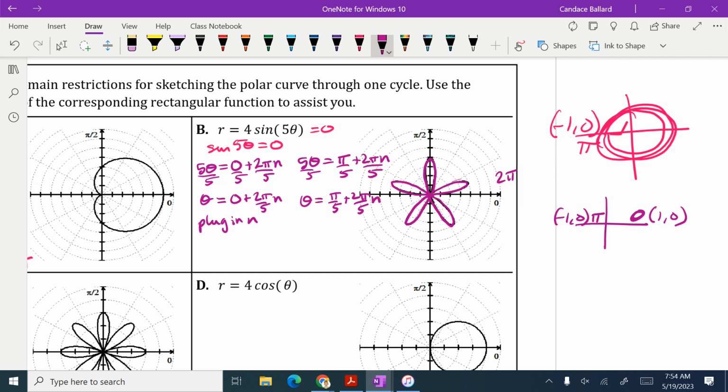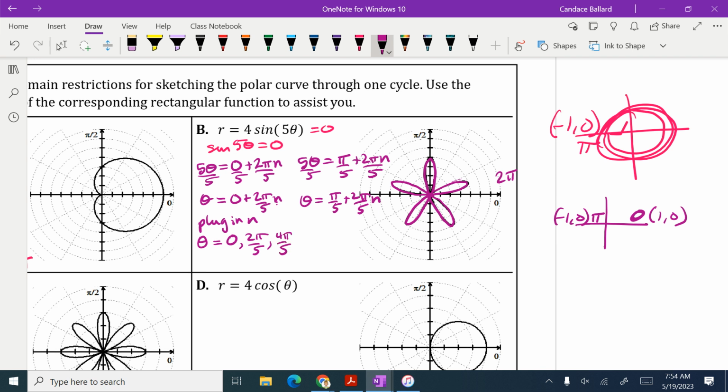So until we hit 2 pi, theta equals, I'm putting in a 0, I would get 0. I'm putting a 1 into this, I get 2 pi over 5. I'm still underneath 2 pi, right? I put in a 2, I would get 4 pi over 5.